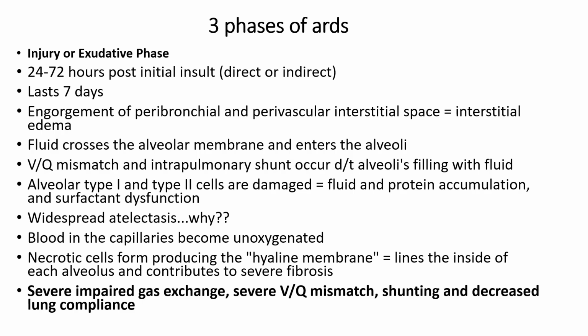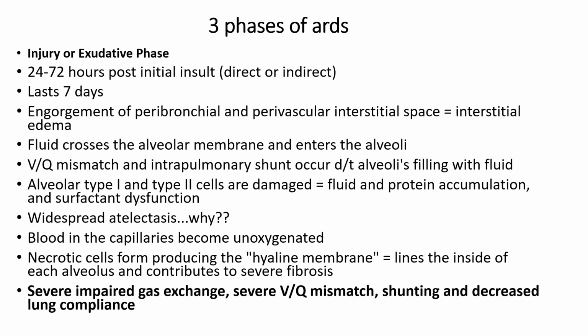And why do you think that is? It's because parts of the lungs are getting ventilation, but the fluid-filled alveoli can't participate in oxygen exchange, so the blood flows past them without getting oxygenated. Another major issue is damage to the type 1 and type 2 alveolar cells.